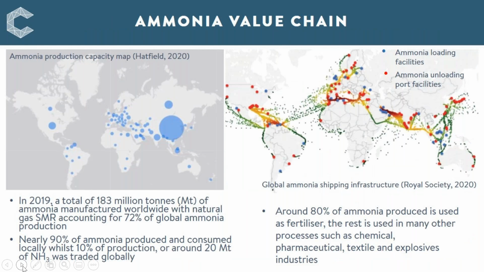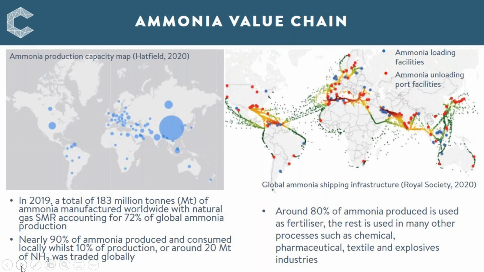Ammonia has been widely used for over a century, so its production, transport, and distribution infrastructure already exists worldwide. Around 180 million tons of ammonia is produced every year, with natural gas SMR accounting for over 70% of global ammonia production.